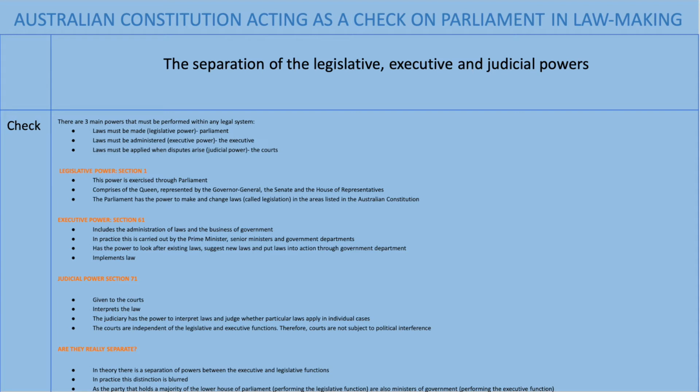So basically, those in the lower house who are introducing new laws and changing laws are also those who administer laws, so senior ministers and the Prime Minister. So whilst in theory the powers are separated, in practice they may not be.